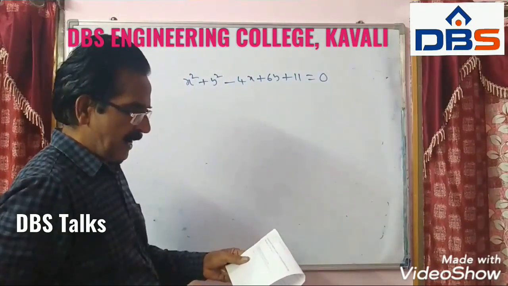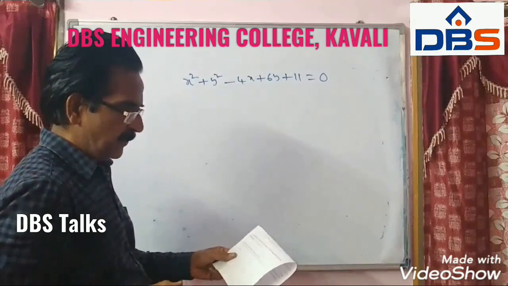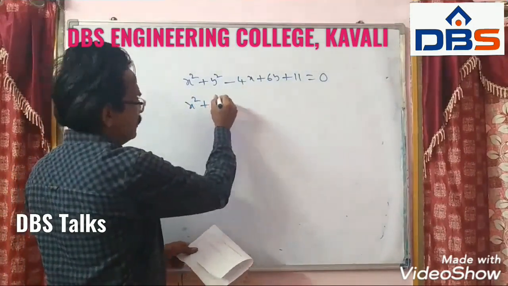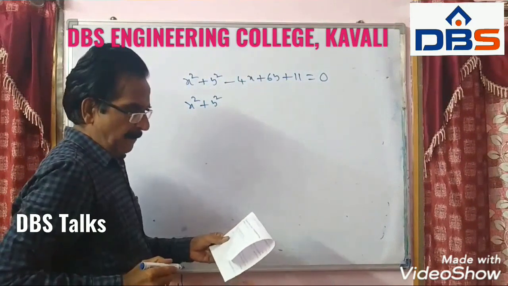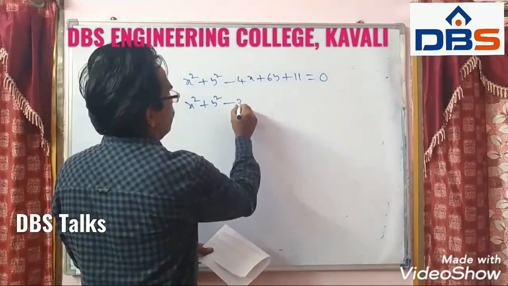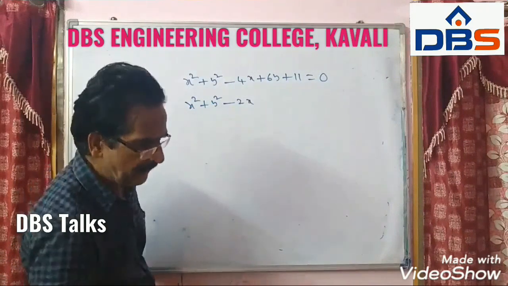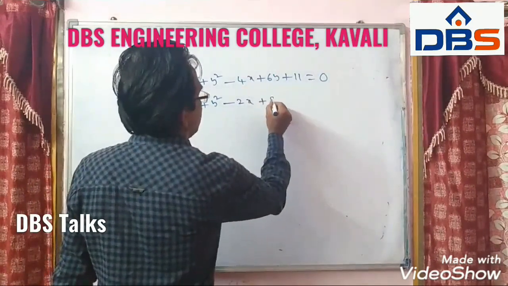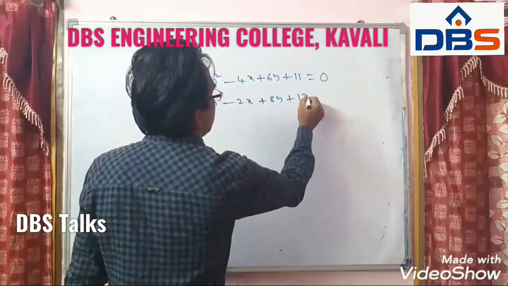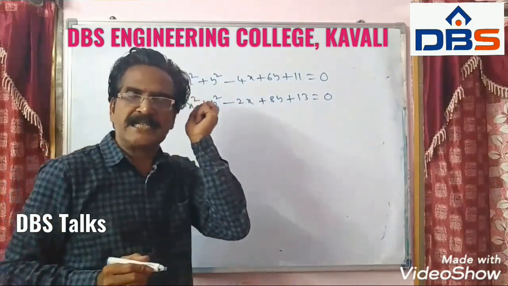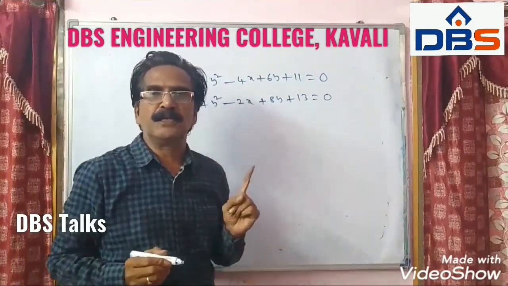And the second equation is x square plus y square minus 2x plus 8y plus 13 is equal to 0, friends. These are the equations of the two circles.